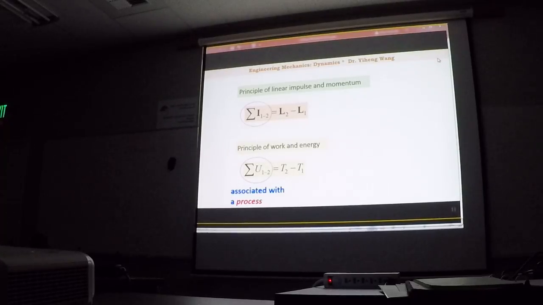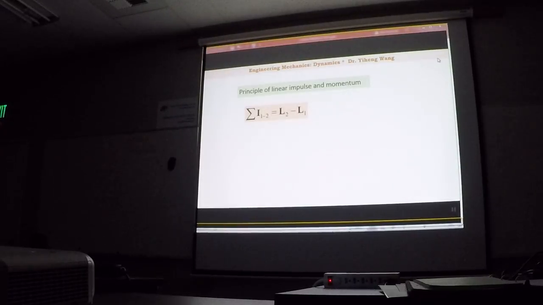For the right-hand side, the two parameters are both associated with the state of the particle. The difference is that the principle of work and energy is a scalar equation. Both work and energy are scalar properties. However, the principle of linear impulse and momentum is a vector equation since both impulse and momentum are vectors.